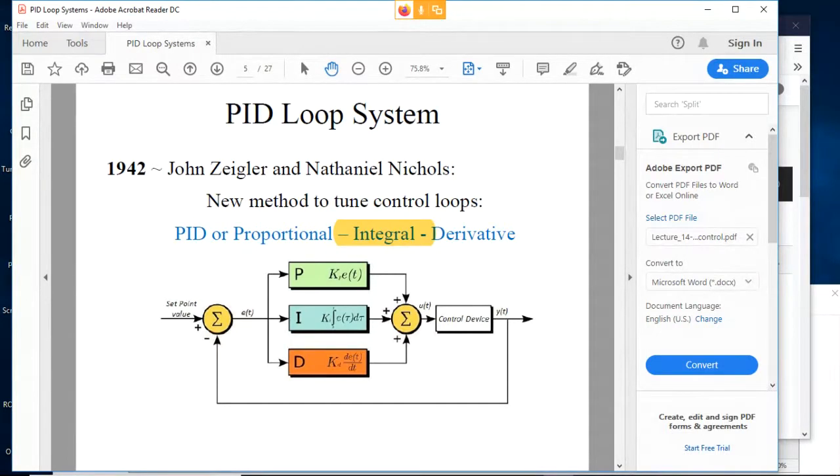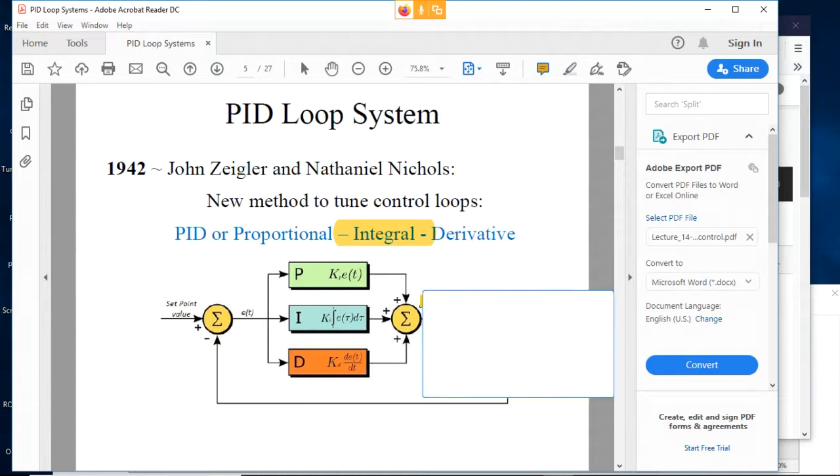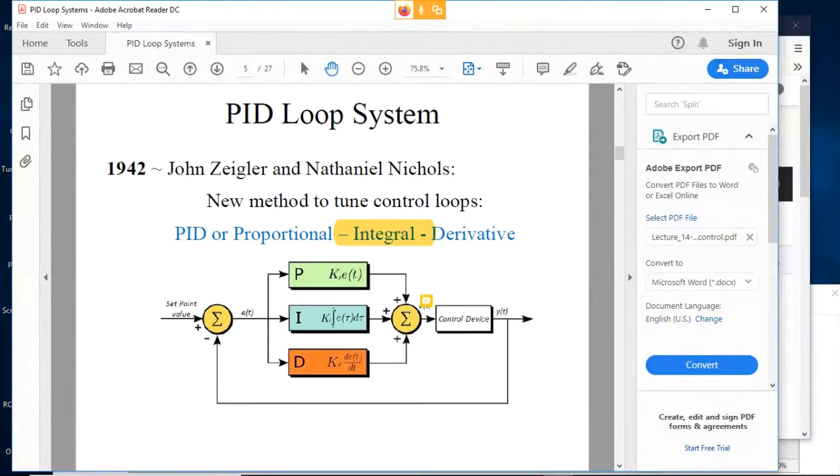That was what we sent out as U of t. U of t, shown down here, is our actual control signal into the system that we want to control.